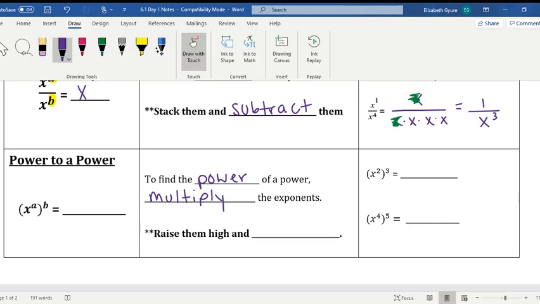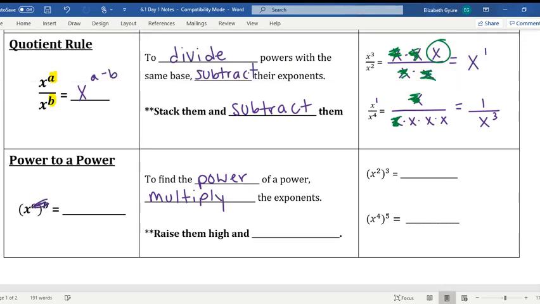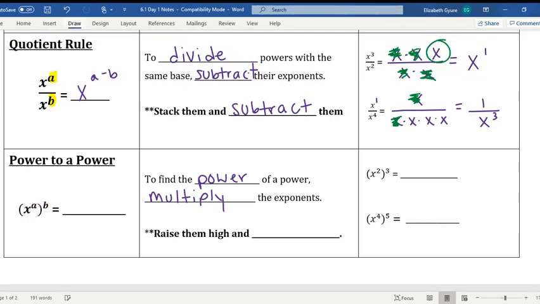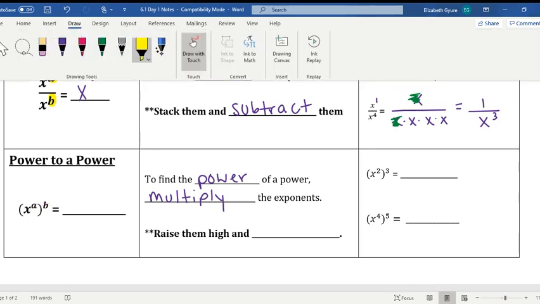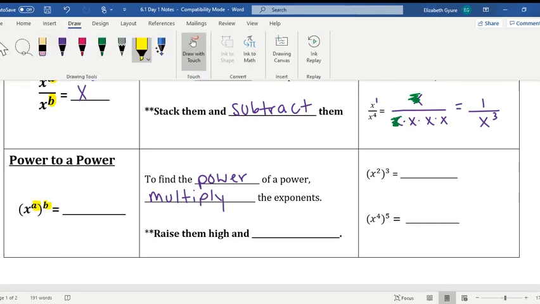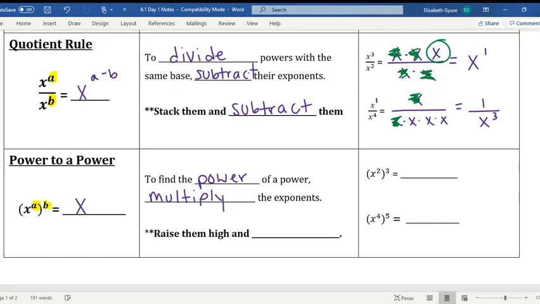So your exponents here again are a and b. So what we're going to do is our new value is going to become x to the a times b. We're going to multiply them together.